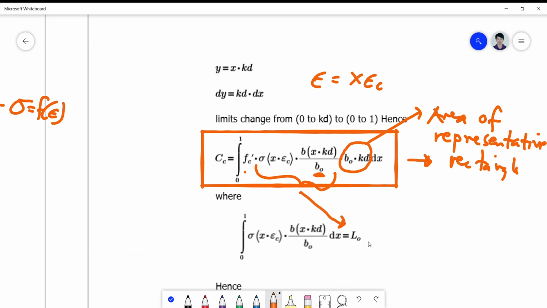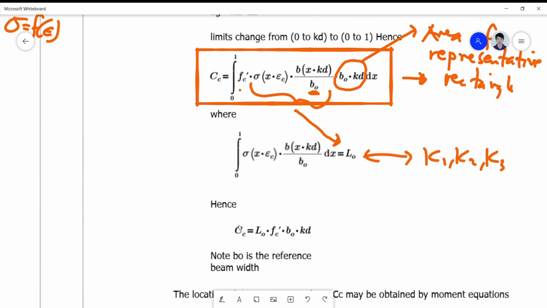According to the derivation, we have to compare this to k1, k2, and k3 later. Hence your Cc now becomes simply Lo f'c bo kd.